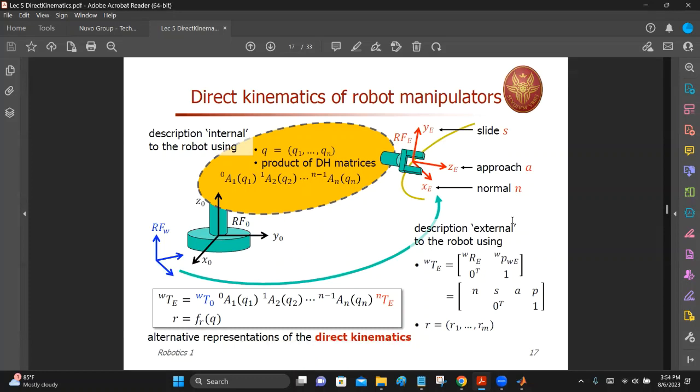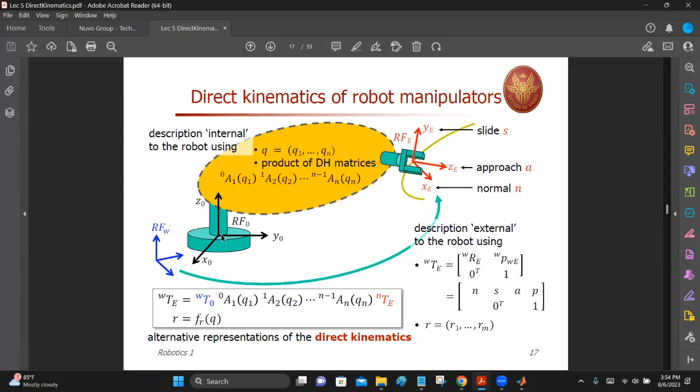Now if you start from the base, there you can see the base coordinate frame, x0, y0, z0, right? And you know that out of the four parameters, theta, d, a, alpha, only one is a variable, the other three parameters are fixed.